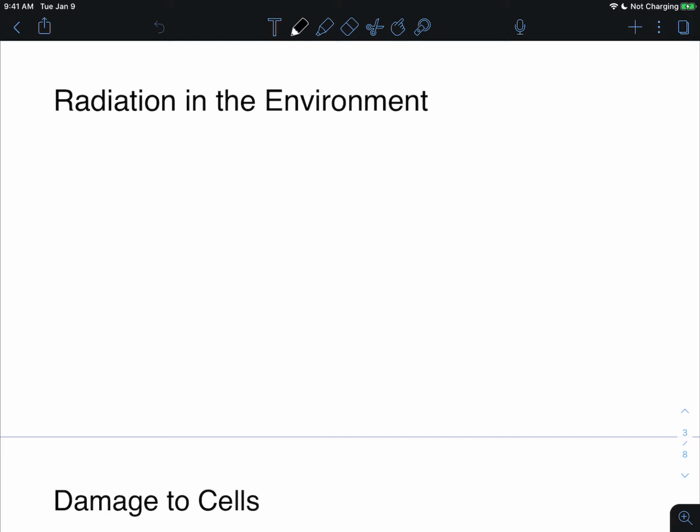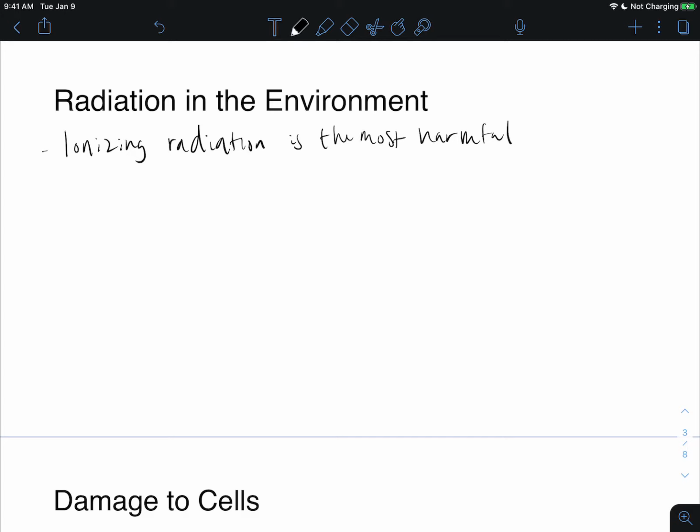All sorts of radiation. Ionizing radiation is going to be the most harmful, and it is far more harmful than non-ionizing radiation. Ionizing radiation includes stuff like X-rays and gamma rays, while non-ionizing radiation is stuff like radio waves and light waves.